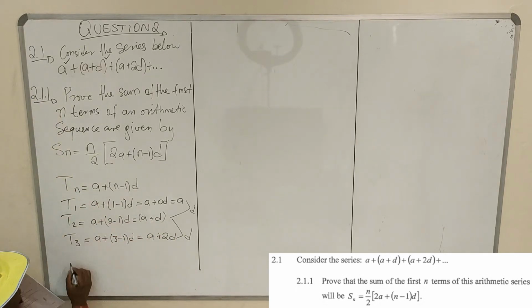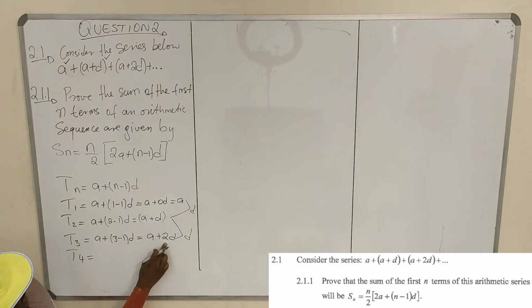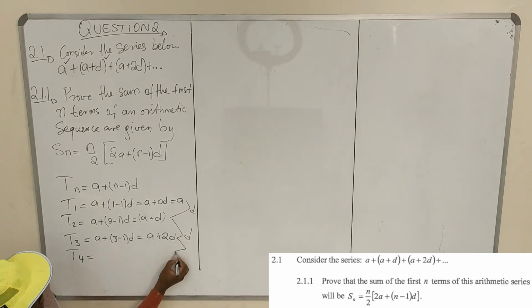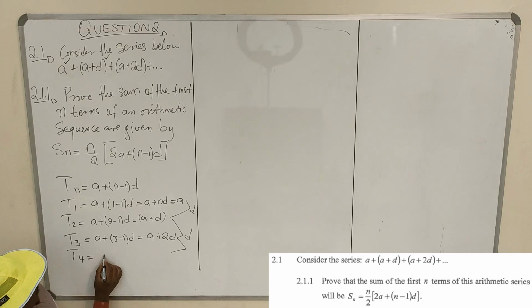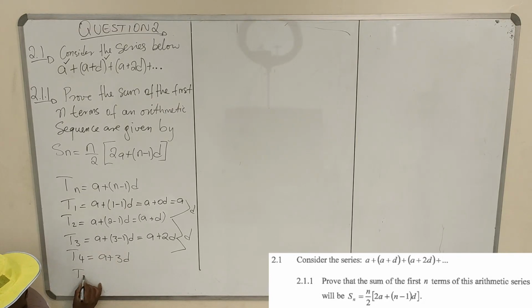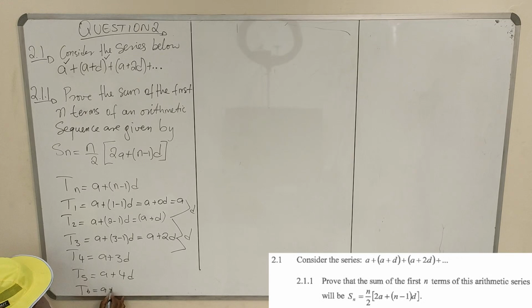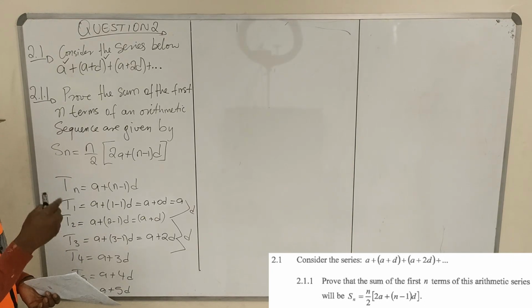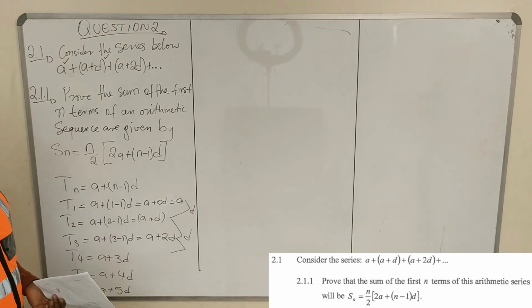So T4, this is T3, you will add D to this one, so your T4 will be A plus 3D. Your T5 is A plus 4D. Your T6 is A plus 5D, and so on. So to get the next term of the sequence, you must add D all the time.